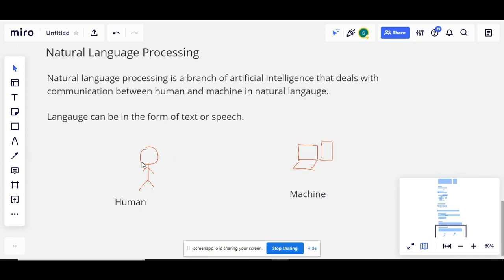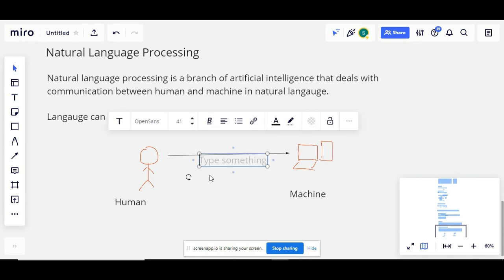When the human tries to communicate with the machine in natural language, this communication medium can be either a written message, so a text, or a spoken message, so speech, right?